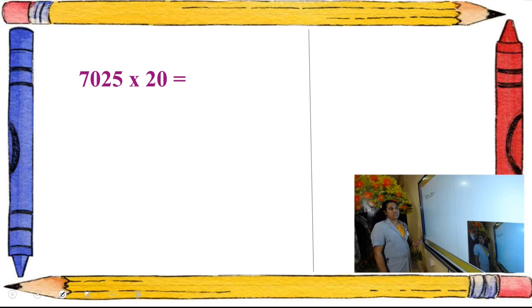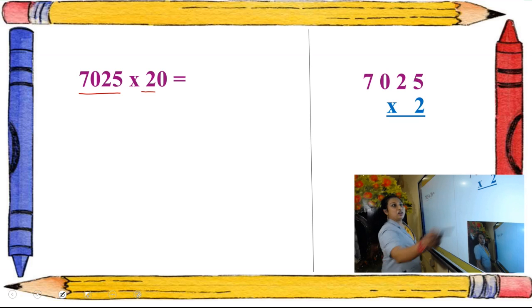7025 into 20. We learn how to multiply, isn't it? We will not take 0, just multiply 7025 into 2 in your working column. 7025 into 2. What is the first step? Multiply. 5 2s are 10.